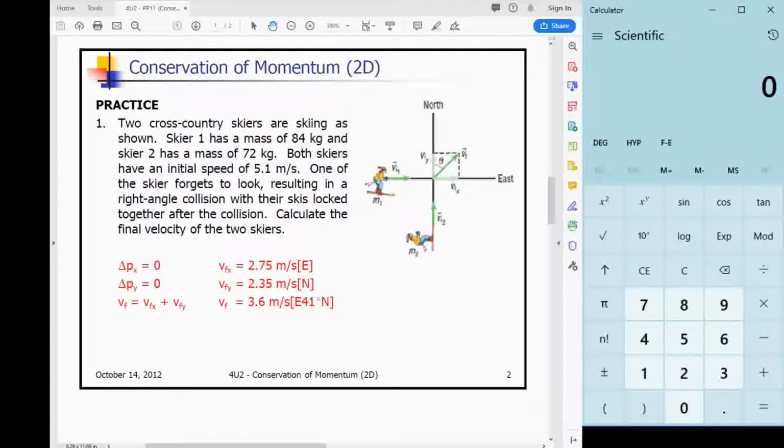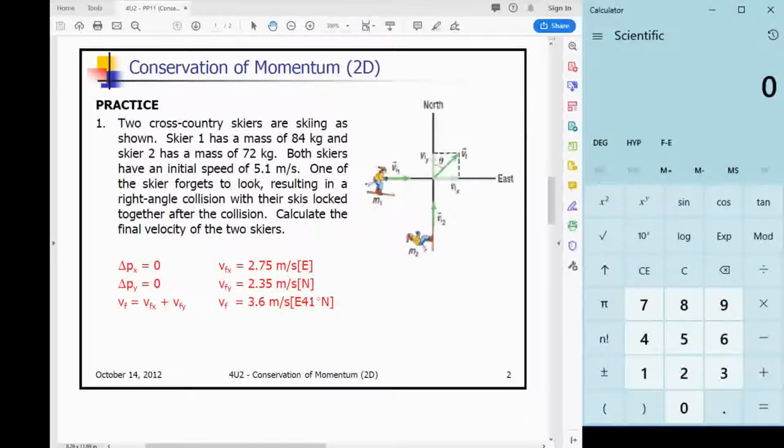So as you calculate this, and if you follow the textbook example on page 251, you'll see that it will involve having an x component to the momentum after and a y component to the momentum after. You'll have to find the sum of the vectors. So you'll have to do vector addition using the Pythagorean theorem. You'll find the magnitude, and then using the inverse tan, you can find the angle.